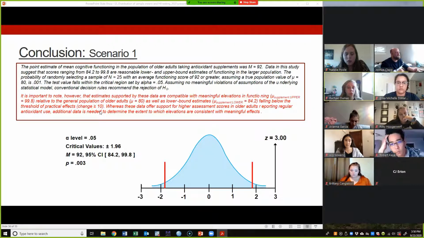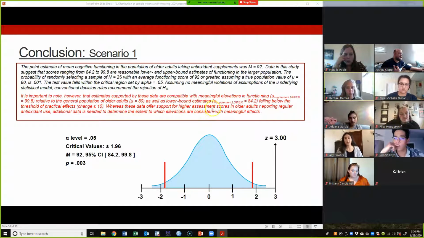Remember, at the beginning of this, we said, based on work with this data, that anything that exceeds a difference of 10 points is clinically meaningful. If it's not hitting 10 points, it might be different, but there's probably not anything worth getting worked up about from a clinical perspective. So we would say, whereas these data offer support for higher assessment scores in older adults reporting regular antioxidant use, additional data is needed to determine the extent to which elevations are consistent with meaningful effects.